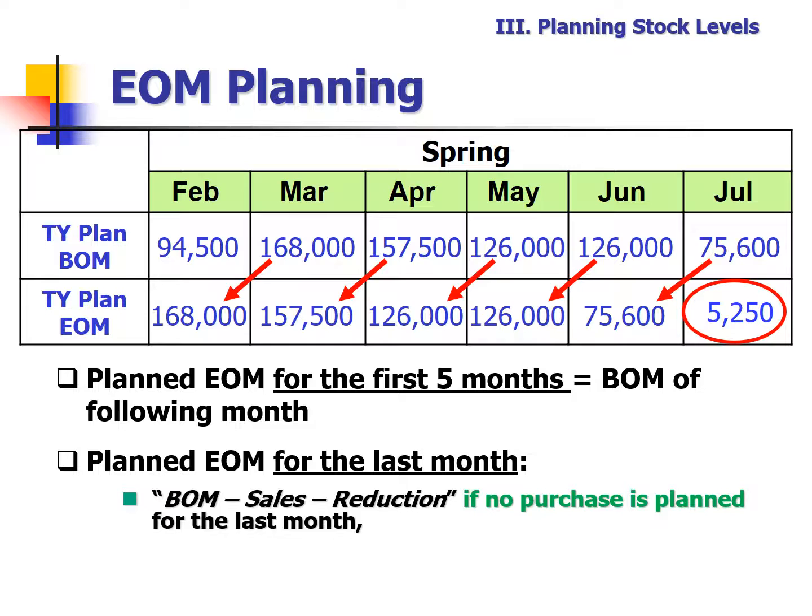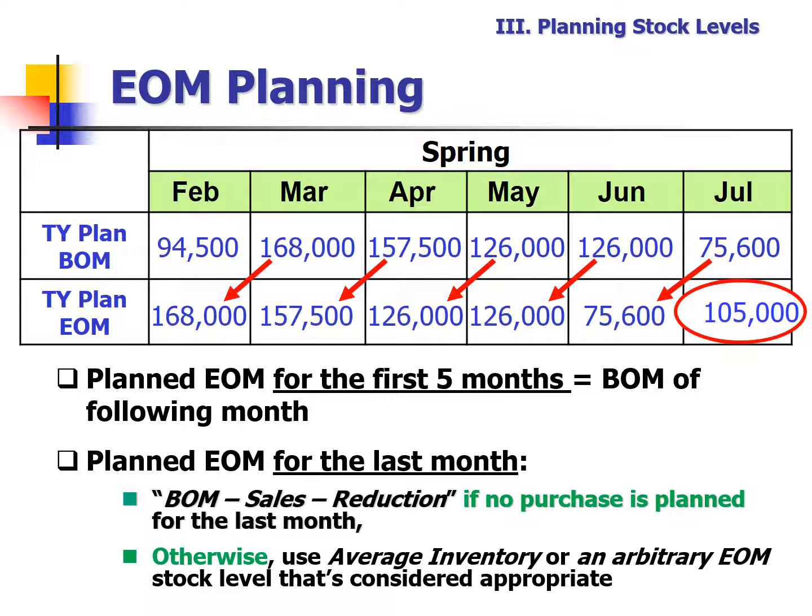Whatever BOM you started the month with, subtract the sales that you made and any reductions, and what's left is going to be your EOM. Given that concept, we can think about a formula such as EOM equals BOM minus sales minus reductions. And this is only applicable when no purchase is planned for this last month.